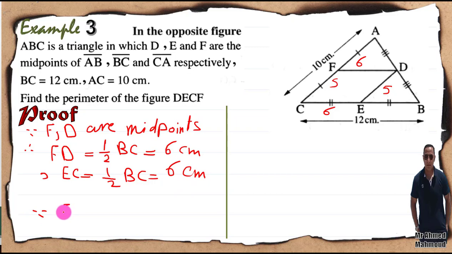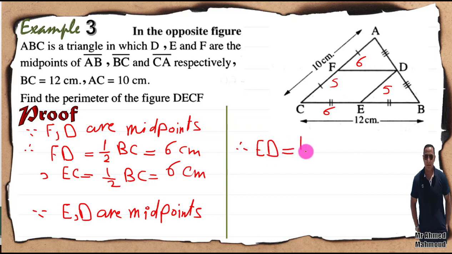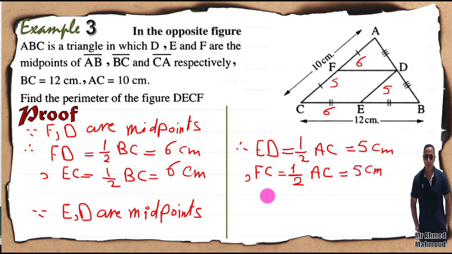Since E and D are midpoints, therefore ED equals half AC equals 5 centimeters, and FC equals half AC equals 5 centimeters.